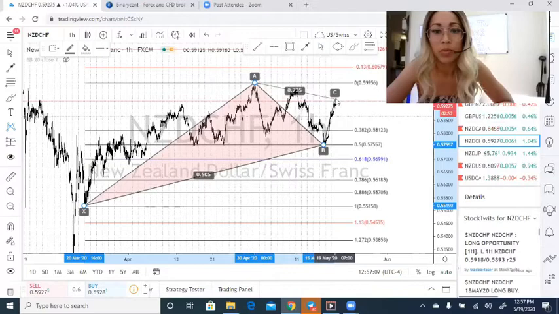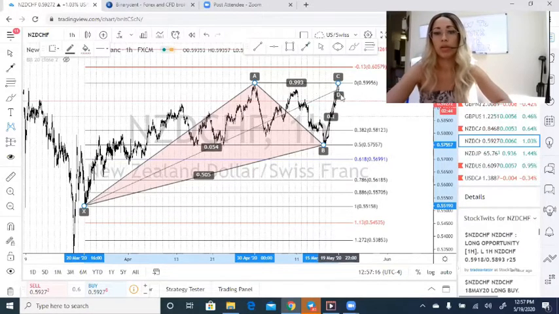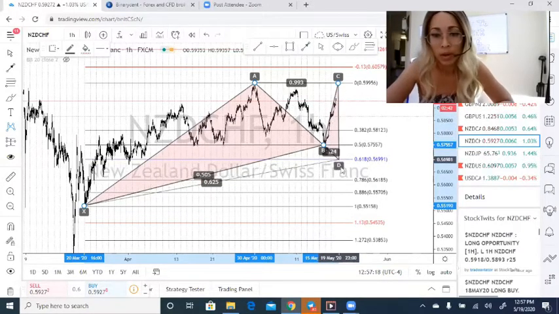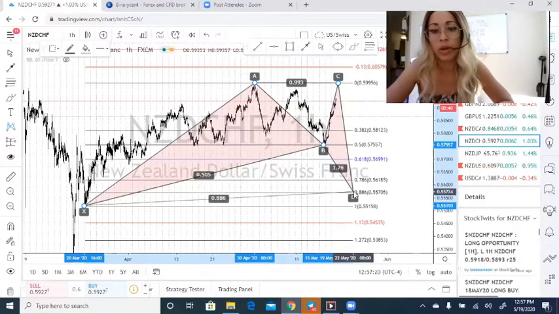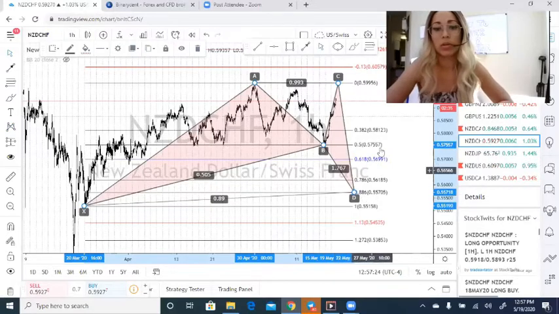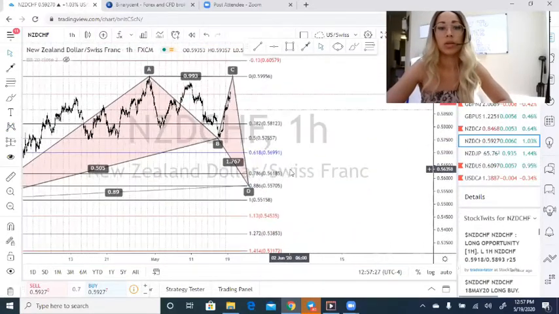This C point, remember, has to stop a minimum of 50, but it can push as high as right here where this 100% of A is. So I'm going to just go ahead and drop that there for now. And our entry point is going to come right here at this 88.6 area, which is our D point.